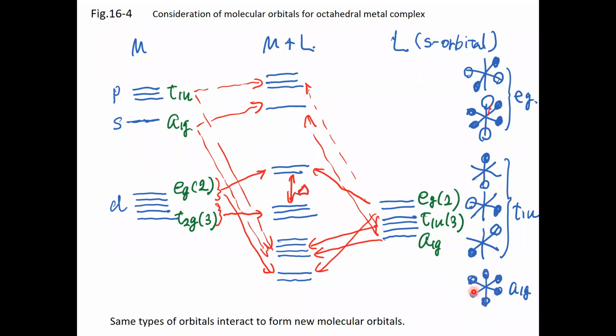In this case we only think about s orbitals, and there are probably many types like this. This is one; on the other side there is a phase difference, or the positions are different, and different molecular orbitals can be considered. But based on group theory, we can think about which molecular orbitals are independent, and this is the result I gave you.